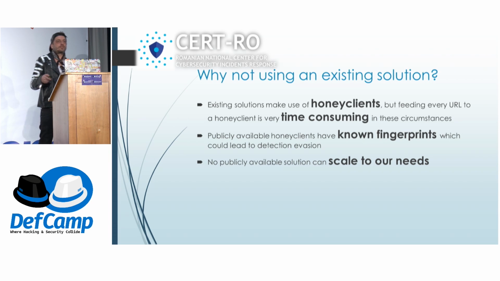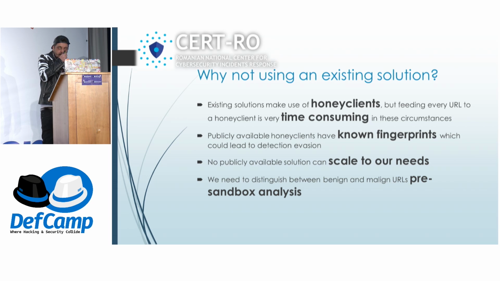Also, our solution has to be quite scalable, quite large, because we have a lot of data to process, and no publicly available solution can scale to our needs. This means that we have to distinguish clearly between benign and malign URLs pre-sandbox analysis.